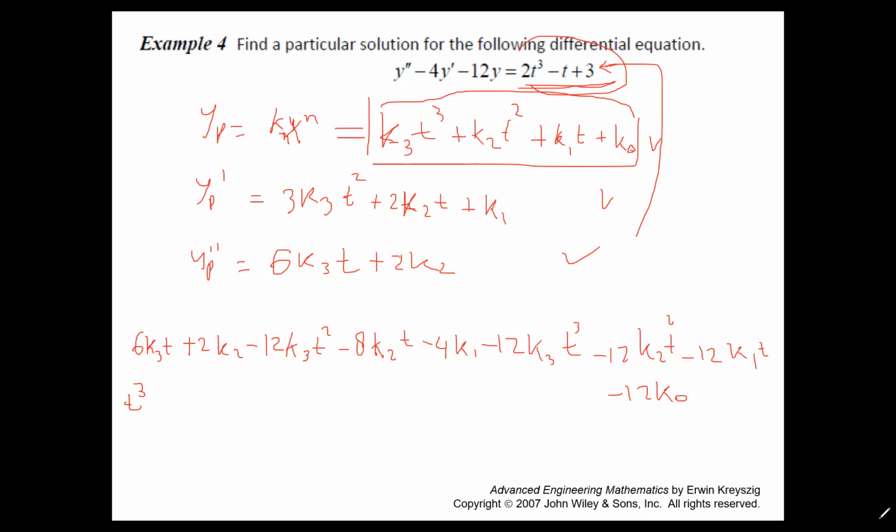Muhammad Gifari Rizki, I think you're there also. Yes, sir. So what will this step continue with? What's the coefficient of t cube according to our work here? Minus 12K3, right? Yeah. And what will be the right hand side?